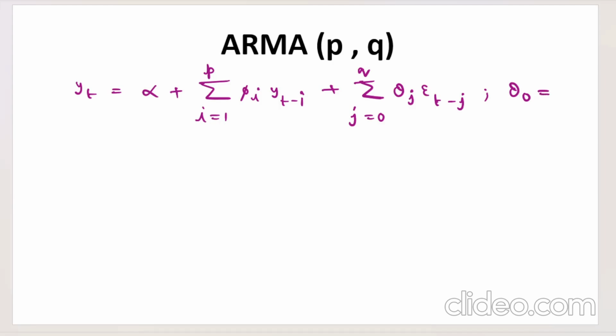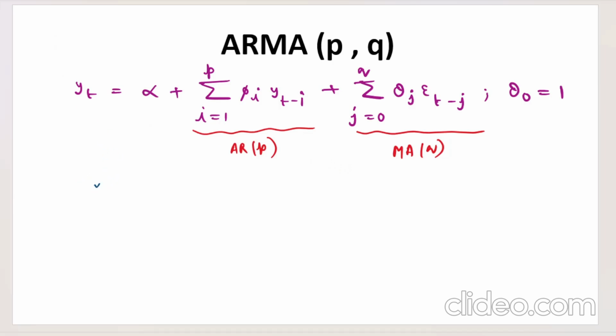Again, theta naught is 1. Here this is going to be the AR(p) part, and this is going to be the MA(q) part. I hope this is understood.